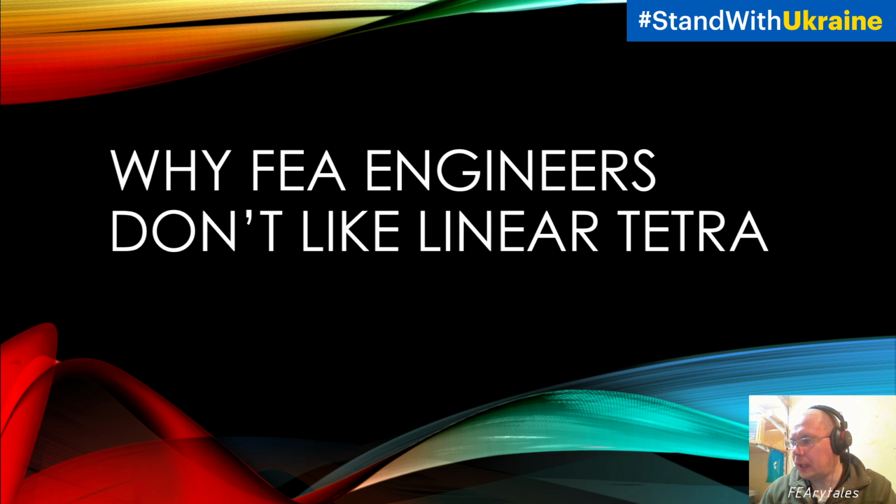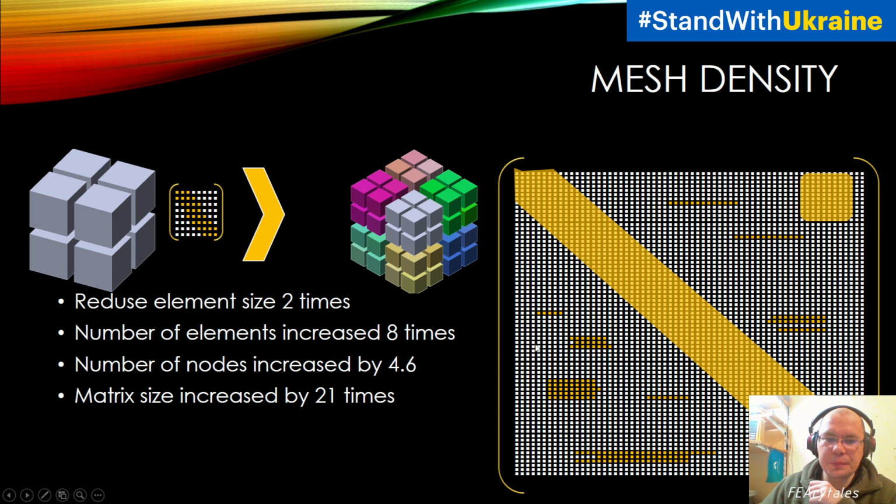Okay, why is the type of elements important? This presentation was created for SolidWorks Simulation, and SolidWorks Simulation has only tetra elements and only triangle elements for shell mesh. And the same problem you will have in a lot of CAE software which is created for mechanical designers.